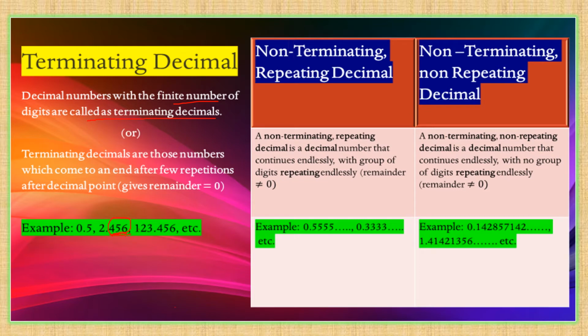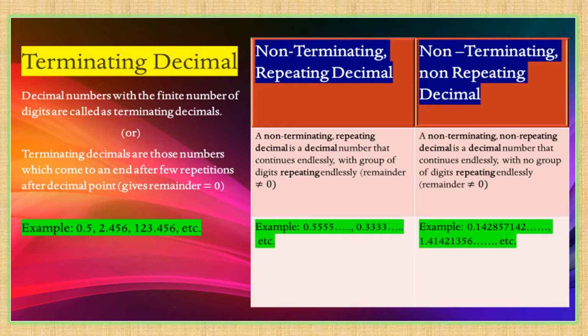So they are stopping at one point, which means the remainder will be 0. If the remainder is 0 after a certain point after the decimal, then they are called terminating decimals.